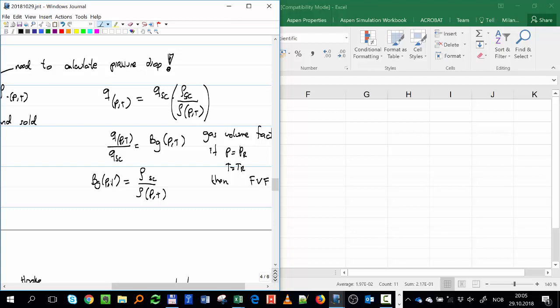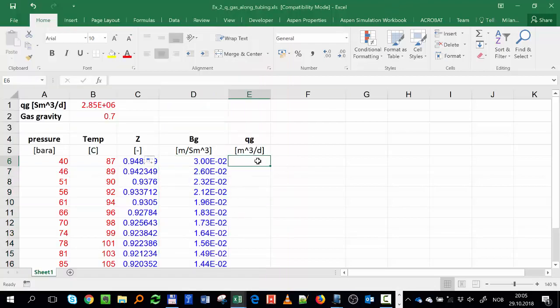Is that correct? It's the opposite of it. So this times that will be the Q at local conditions. So let's multiply. This one will be this number times this number. And then I have to block V1, remember? Because the tubing has the same rate in all the depths.